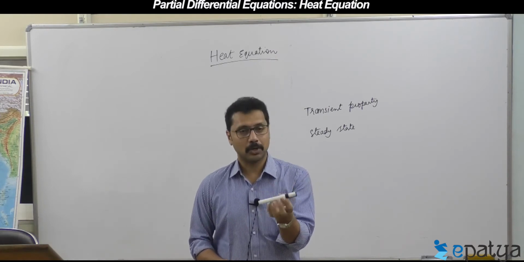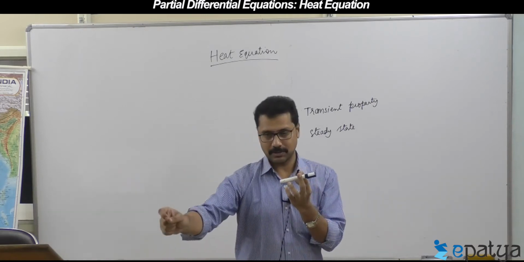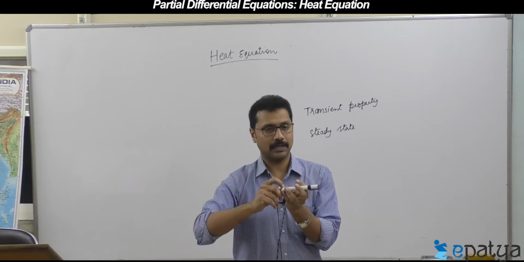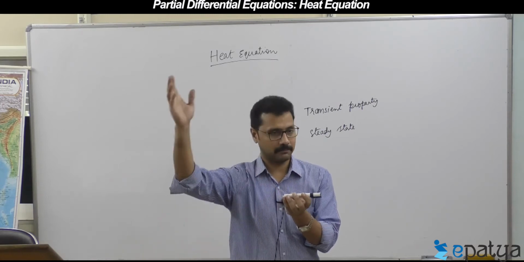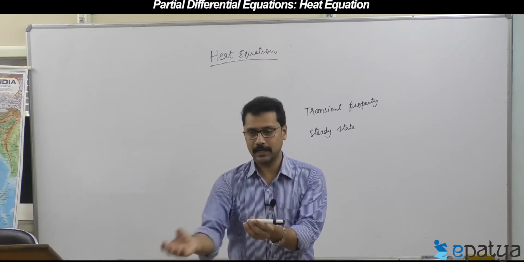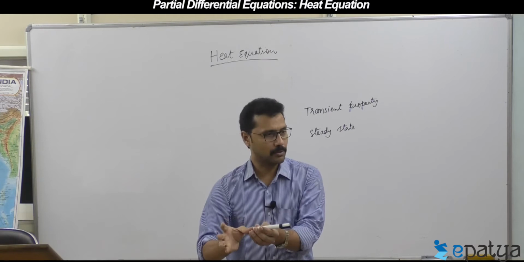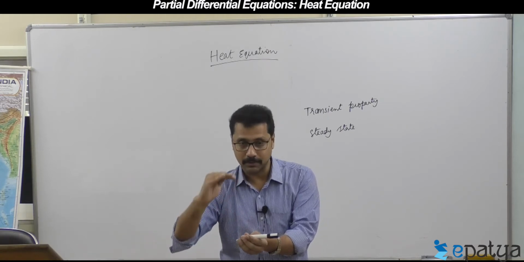Time goes to infinity because suppose this is at 100 degrees, and this is at 0 degrees, the difference is so high that the rate of exchange of heat will also be very high. If the difference comes down to, suppose, 90 and 0, the difference is a little bit smaller. Therefore, the rate of exchange of heat comes down.